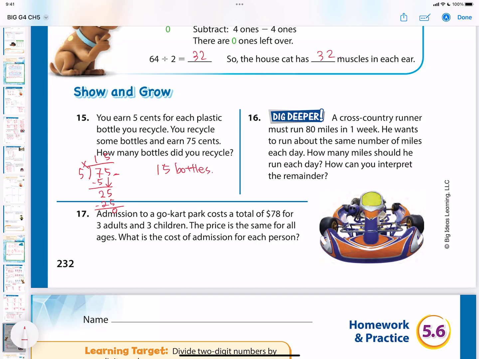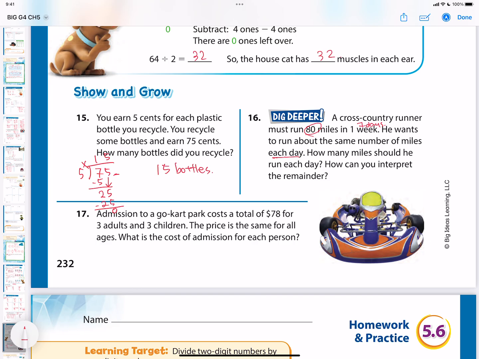Okay, number 16. A cross-country runner must run 80 miles in 1 week. When you have this kind of question, please remember 1 week is equal to 7 days. He wants to run about the same number of miles each day. There you go. They are asking us to convert into days.